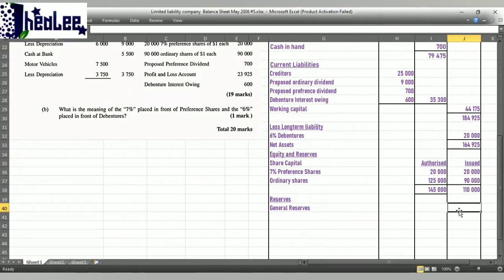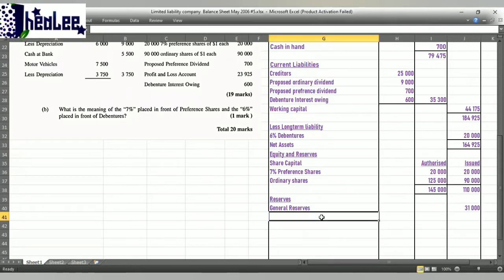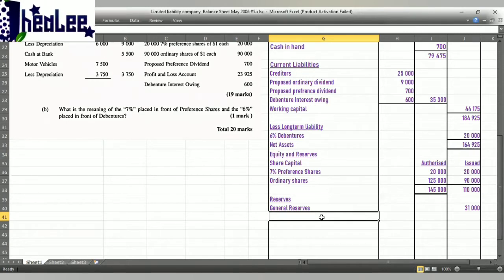And the general reserve value is 31,000. Remember, if you're to do a full question and you're presented with general reserve in the footnote and general reserve in your trial balance, you would have to add both figures together to get the total of what is in your general reserve account. The same thing for your fixed asset replacement reserve and any other reserve, foreign exchange reserve.